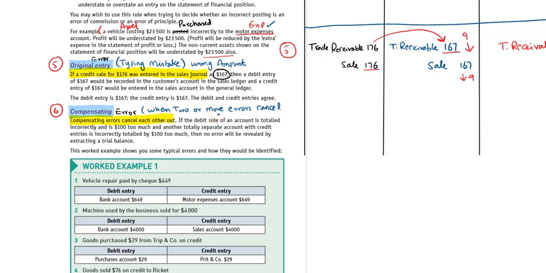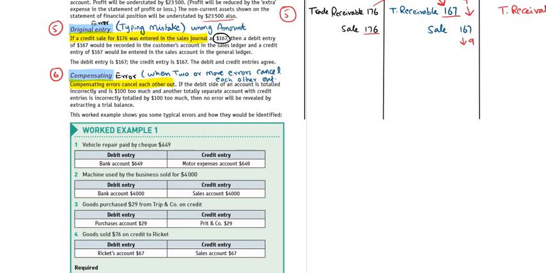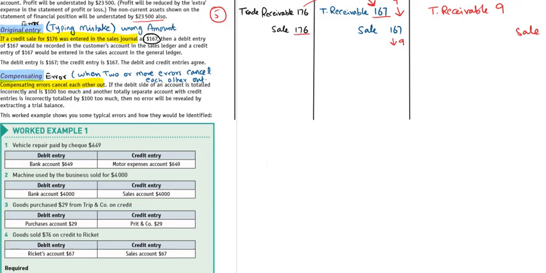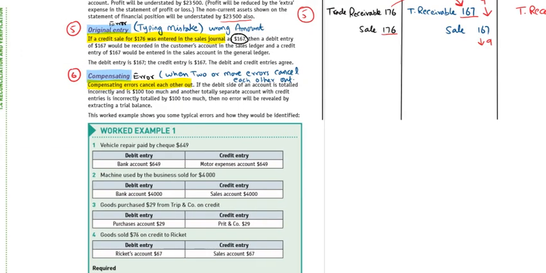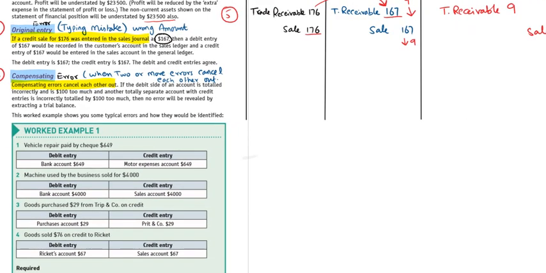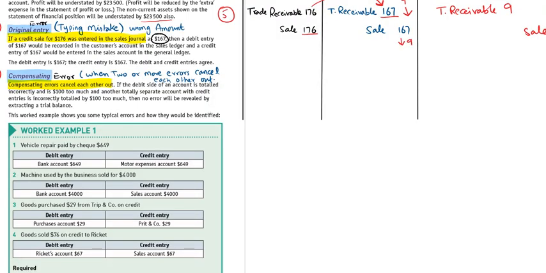For example, the example of the compensating error is the purchase account. This is actually the example.